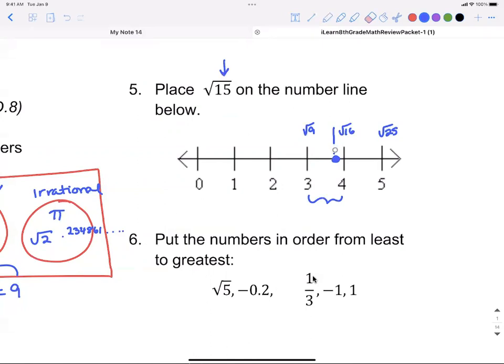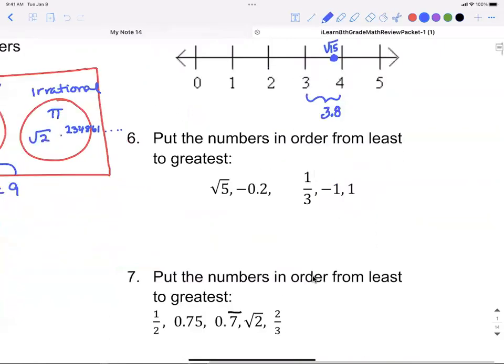And let me actually put that on there. That is what I would call the square root of 15. And again, if I had to guess, if I had to make it a decimal, I would make it 3.8-ish, right? That's a guess. And let me check myself. Put the square root of 15 in my calculator and make it a decimal, and I get 3.87. So pretty good guess.